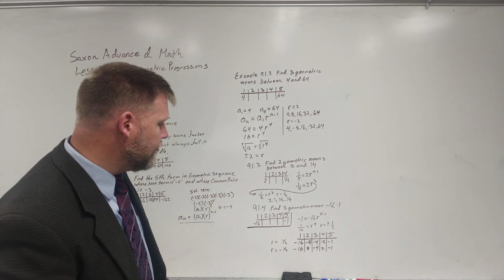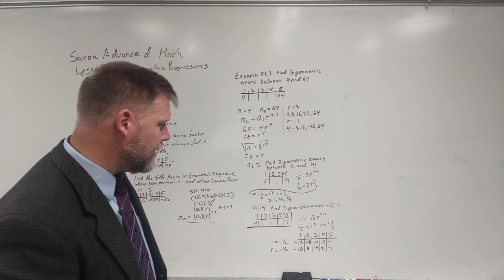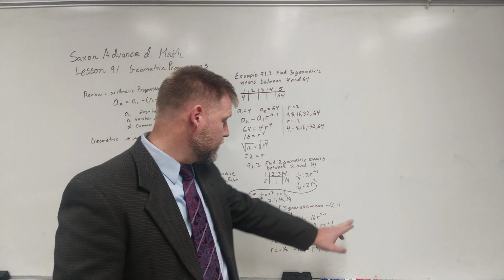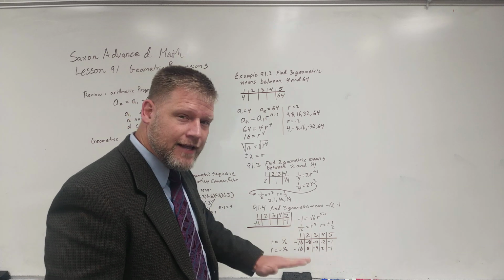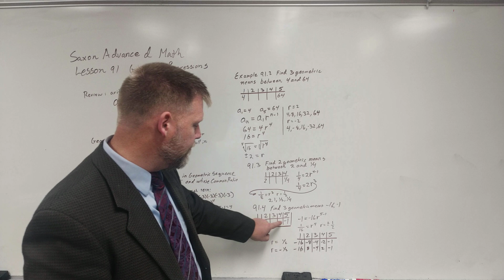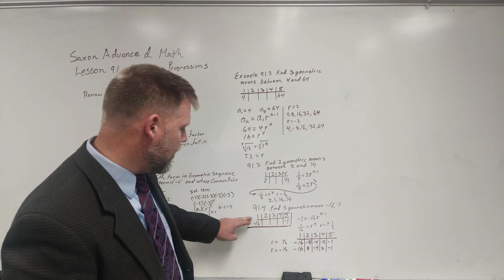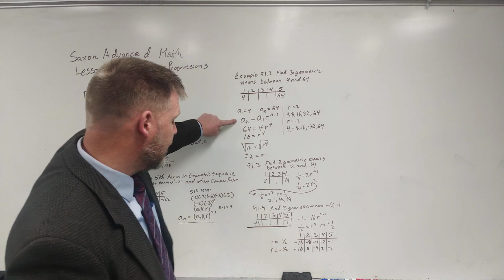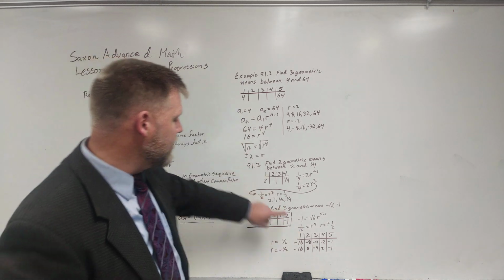Look at 91.4. Find 3 geometric means between negative 16 and negative 1. Once again, I draw my box. Get in the habit of drawing your boxes. Negative 16 is the first term. I want 3 blanks and then the negative 1. So I know the first and the fifth terms. I use my formula. There it is again. The fifth term's value is negative 1.